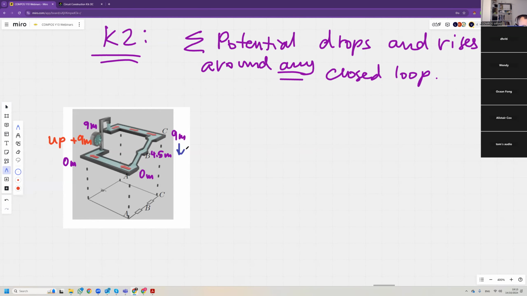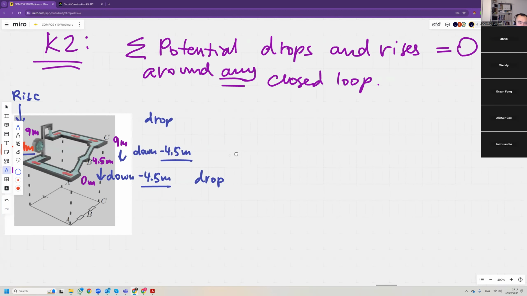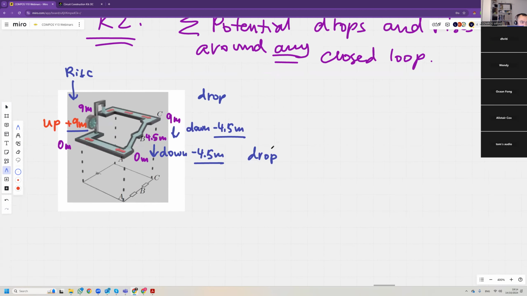Then it goes down 4.5 meters. And then it goes down again, down 4.5 meters. So that's a rise, and those are drops. The sum of drops and rises is 0.